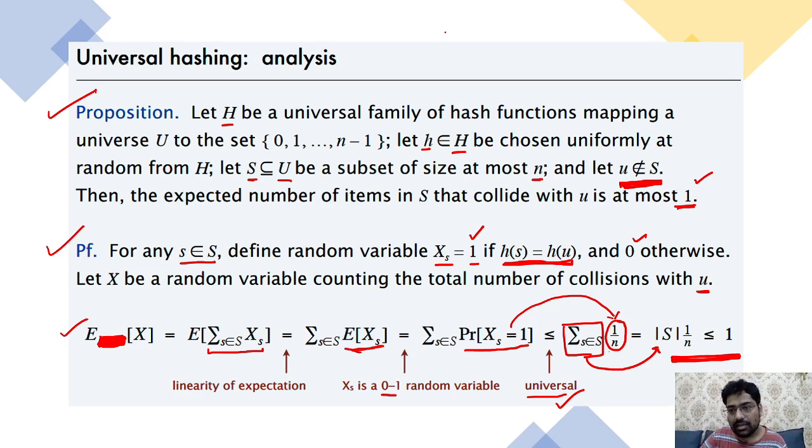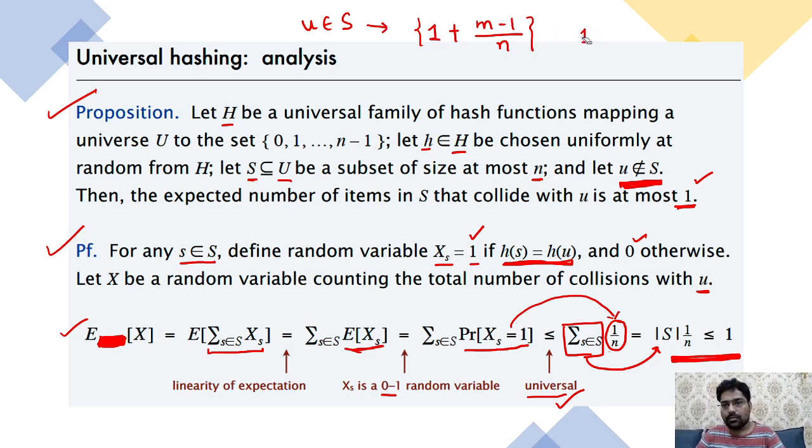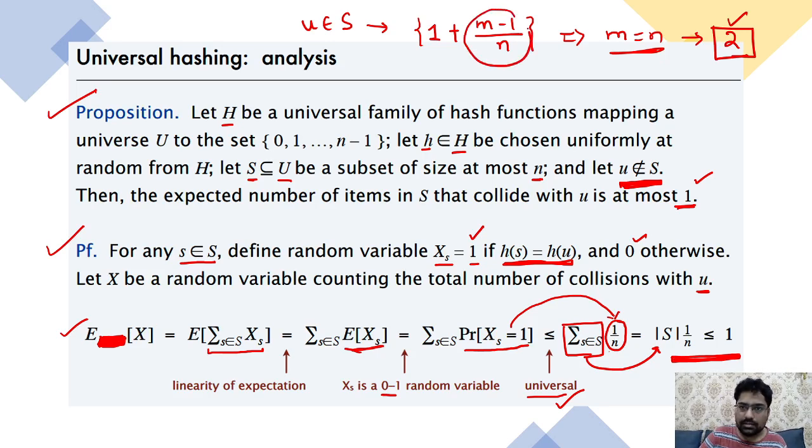If the element is existing, in that case we can expect 1 plus m minus 1, because 1 is already there, and out of that the other slots are available, if u belongs to S. In this case everything will be the same as it is, we just have to add one more thing, because it exists. So for m equal to n, we can expect two conditions, because approximately it is 1, and 1 plus 1 is 2.